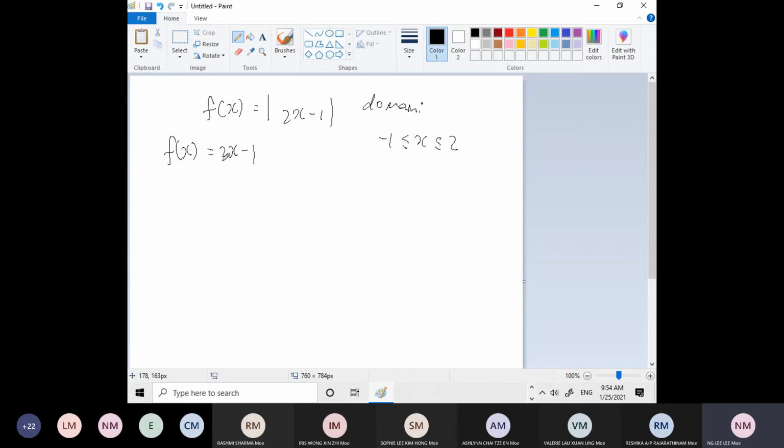Means if I want to sketch the one without modulus, I do the same thing like just now. I find the 2 endpoints. But now it's without the modulus. So 2 times -1 minus 1 will give you -3, and then 2 times 2 minus 1 will give you 3. Now I quickly sketch it.